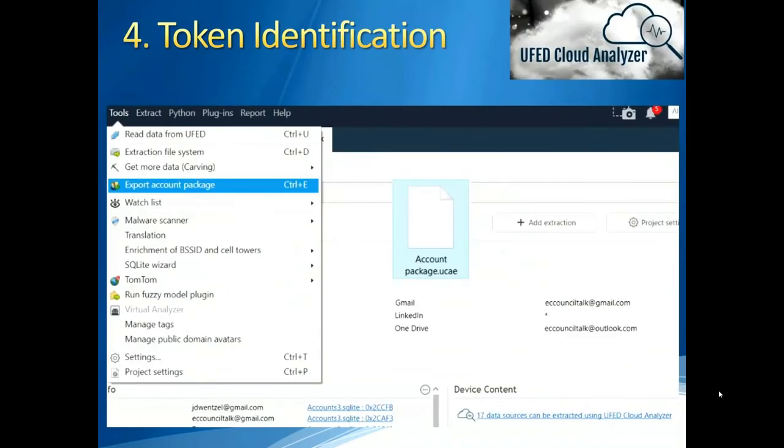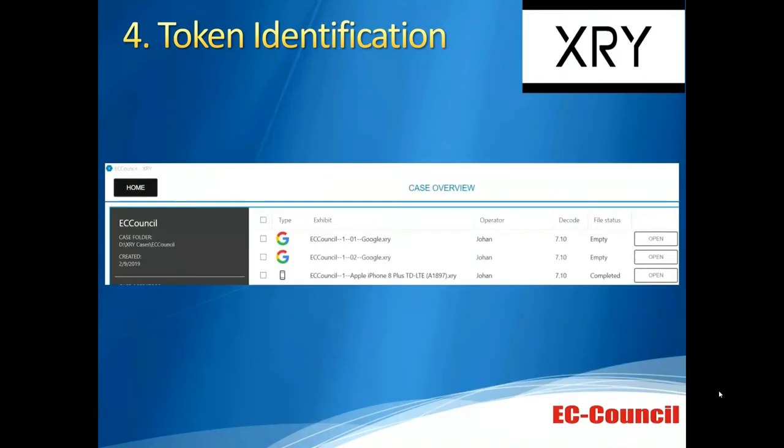UFED Physical Analyzer extracted an account package with Gmail, LinkedIn, that was installed on the phone as well, although it wasn't the aim for this investigation. It did identify LinkedIn and extracted the credentials thereof, and also OneDrive credentials. XRY identified only Google without any credentials captured.